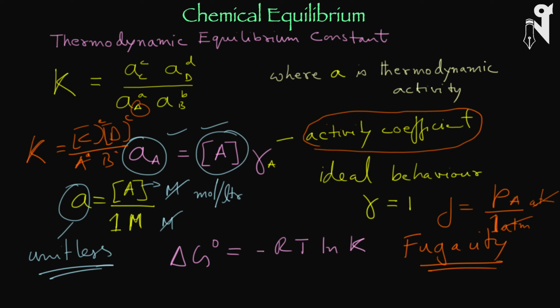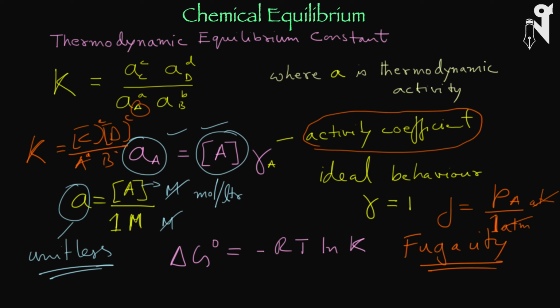If you are not at ideal behavior, the activity coefficient would be a complex function which is luckily not in the course at all, so we don't have to worry about it.